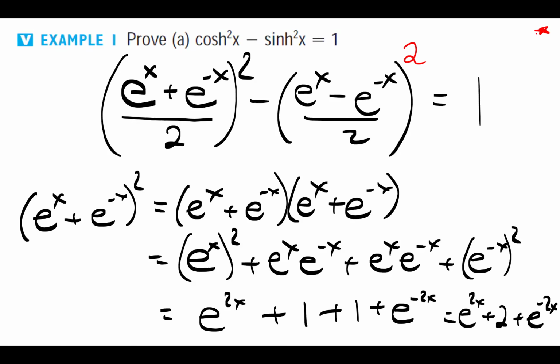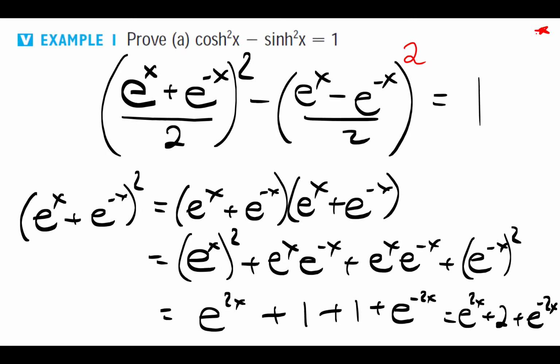All right, can you guys do the other one? Can you do e to the x minus e to the negative x? I don't think I did that on my slide here. I'll let you try it yourself, and I'll show the answer on the next slide. Some people just do it by knowing the difference real quick. Once you do that, can you expand it out?